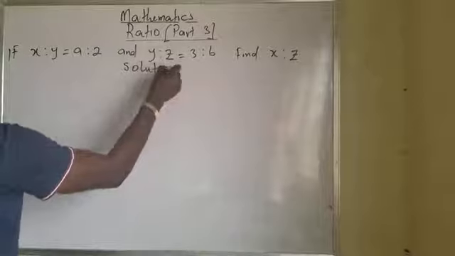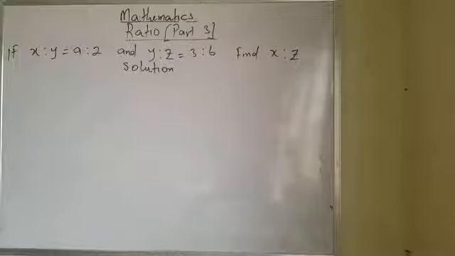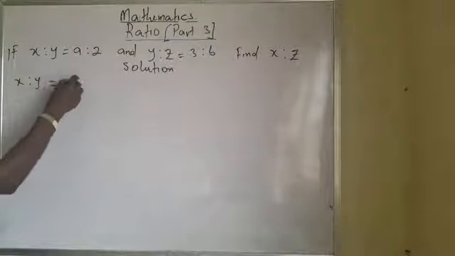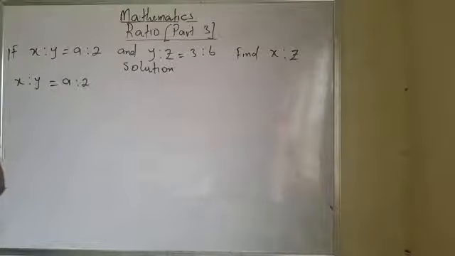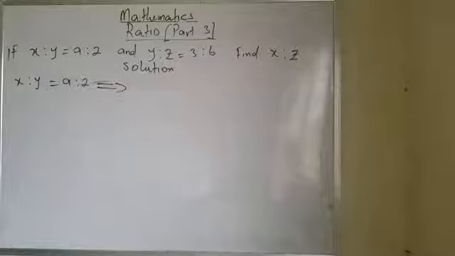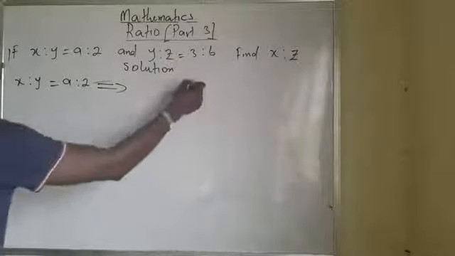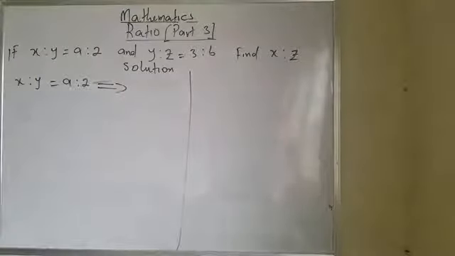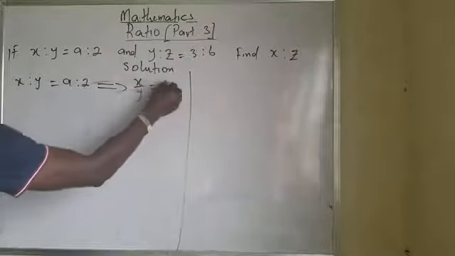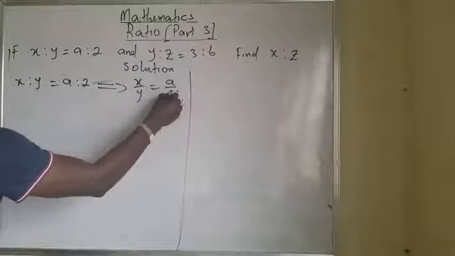Solution to this problem: if I were you, I will have x ratio y equals a ratio 2. This implies, in mathematics, this is how we write implies, x all over y equals a all over 2.